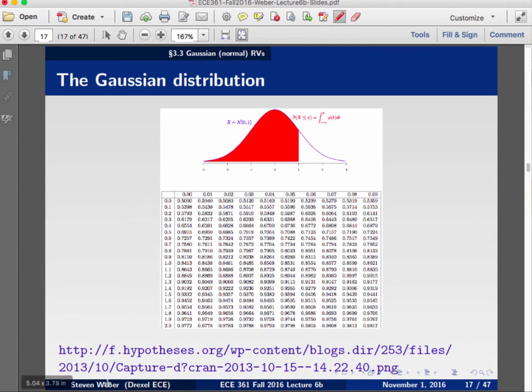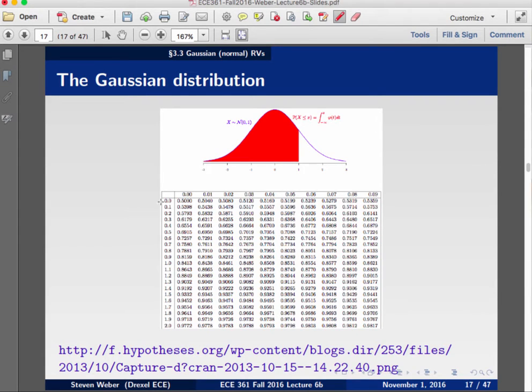So this is a table I got from this URL on the internet. And you see that it has a table format, and this is very easy to read. The rows correspond to the ones digit and the tenths digit, and the columns correspond to the hundredths digit.